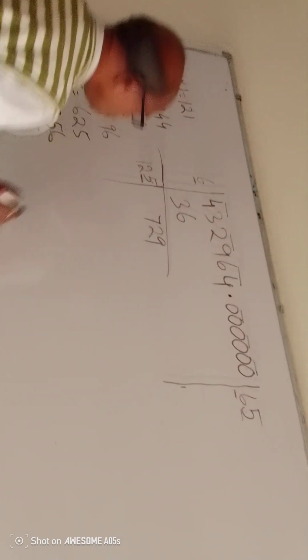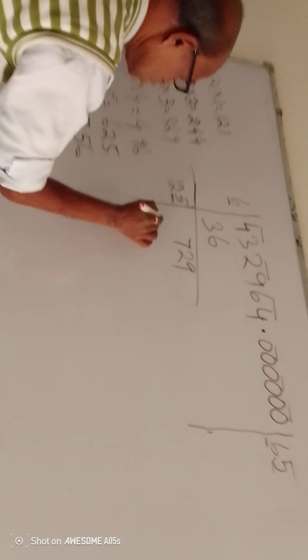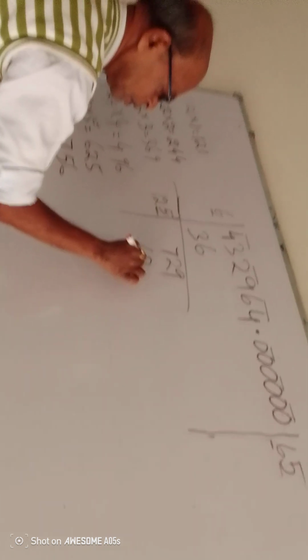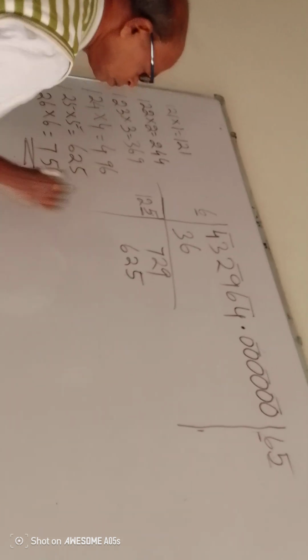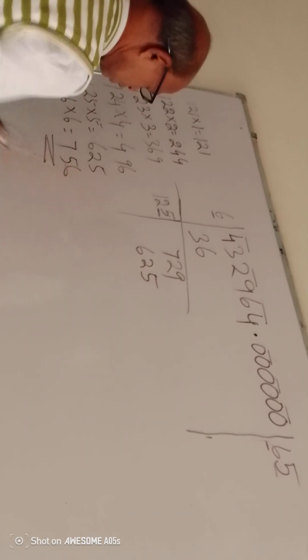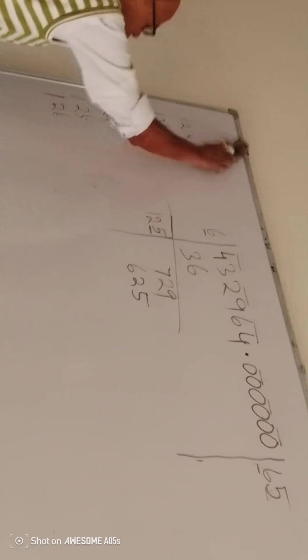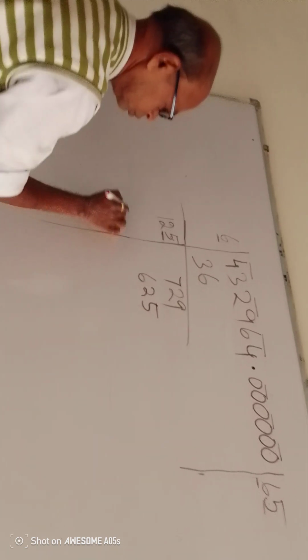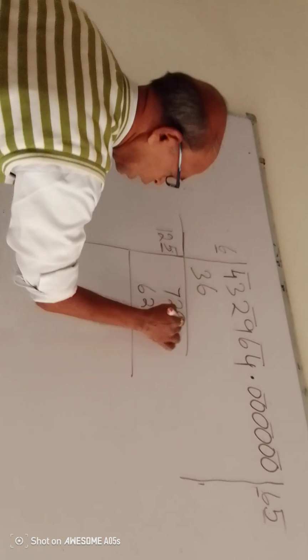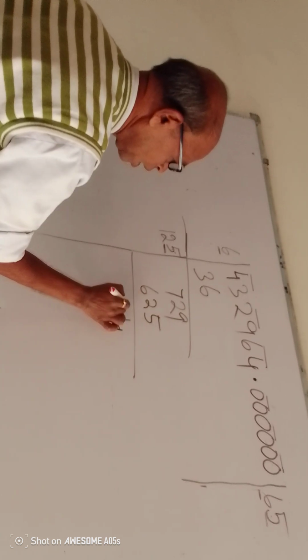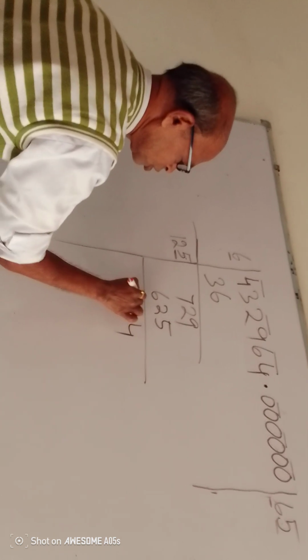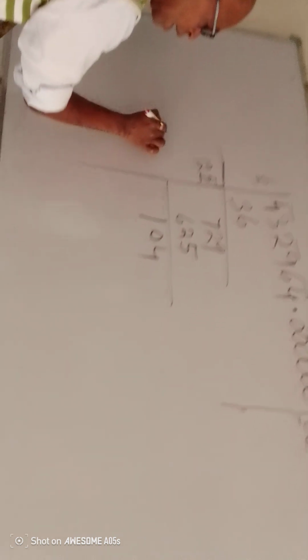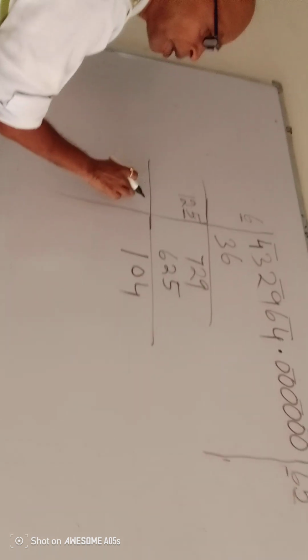So this comes here, 625. Because now we will subtract. 9 minus 5 is 4, 2 minus 2 is 0, 7 minus 6 is 1. Now here again I have to write a number. What number will I write?